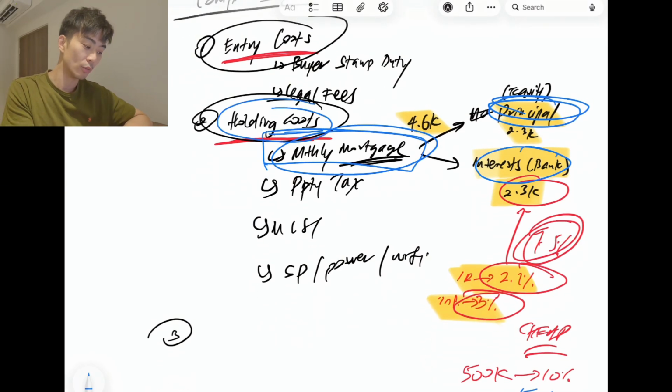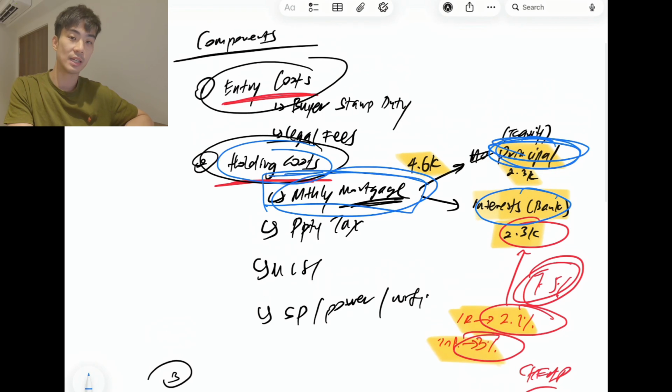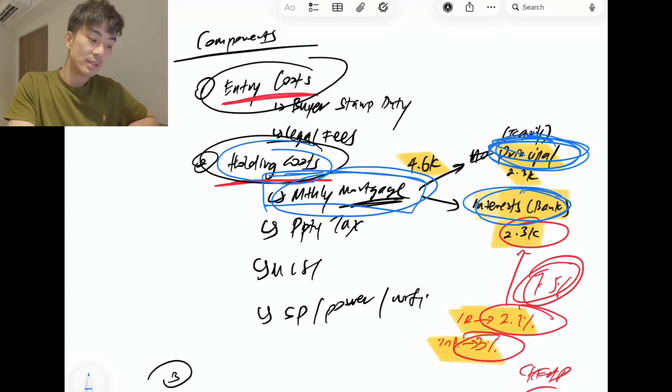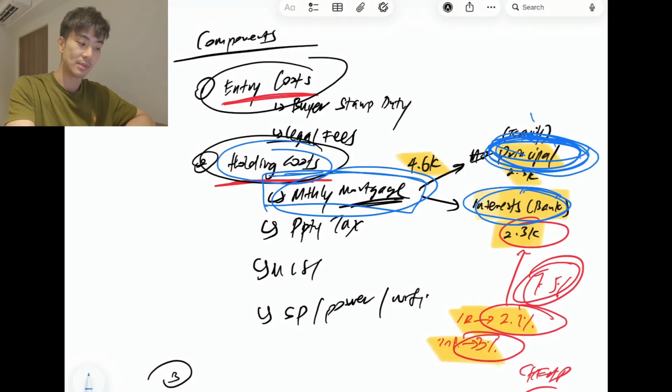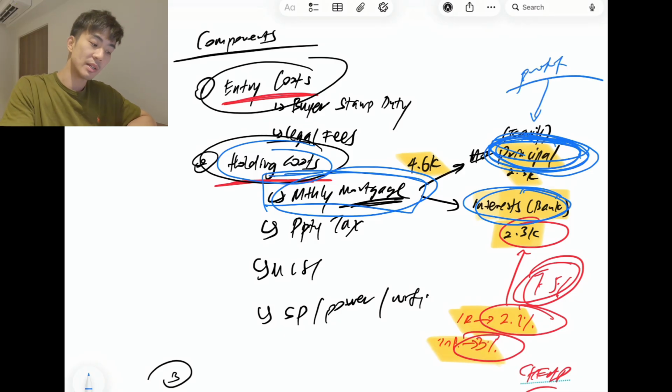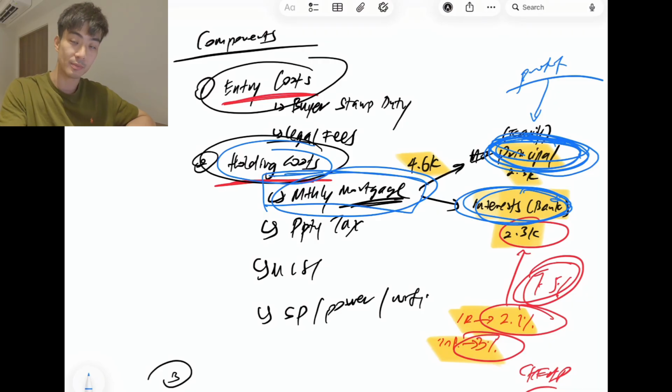But back to here, your holding cost, your principal is a forced saving in a way if you stay in the unit yourself. If you rent it out, it means you're buying a second property for investment, then this principal component actually becomes profit. Because if let's say your property has a 4.6k monthly mortgage, and the tenant pays a rent of 4.6k, assuming we don't talk about property tax and MCST first, just for simplistic calculation, then your tenant will pay for the interest, which is the cost to the bank, your cost required to get the return on investment when you exit the property in the future, if you plan for an exit.